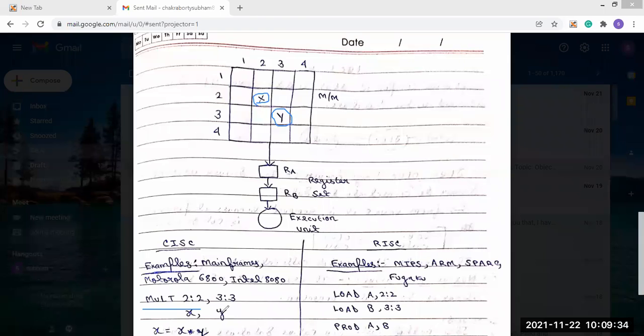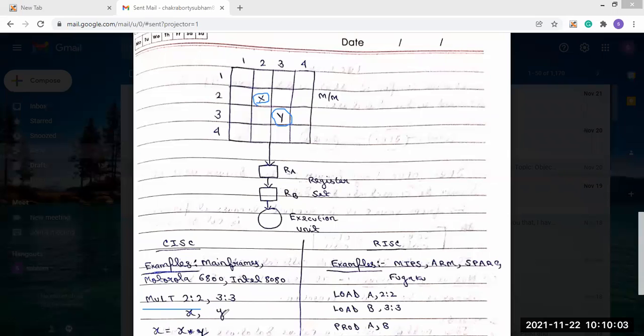That means we want to directly multiply X into Y, because whatever value is stored in the 2:2 location, we want to multiply it with the value stored in the 3:3 location.